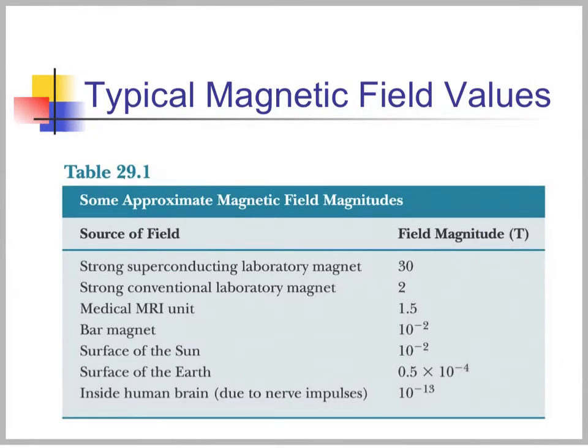Now if we look at some typical magnetic field values that we might experience, very strong laboratory magnets that are superconducting may get up to 30 Tesla, and strong laboratory magnets that aren't superconducting can get up to maybe 2 Tesla. An MRI unit at your hospital is a pretty strong magnetic field at 1.5 Tesla.